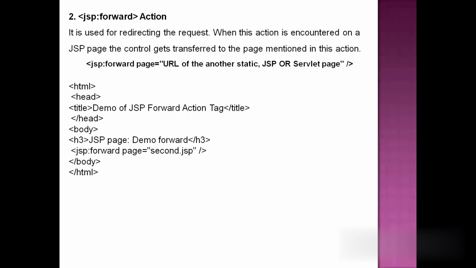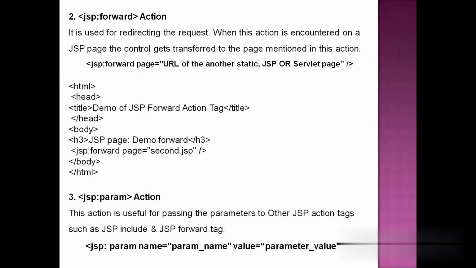In the RequestDispatcher interface, there also we have two methods, include and forward. So in servlets, the include method of RequestDispatcher is equal to the JSP include tag, and the forward method of RequestDispatcher is equal to the JSP forward action tag. Okay, this is about the JSP forward tag.